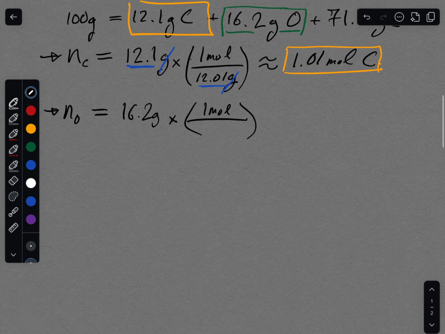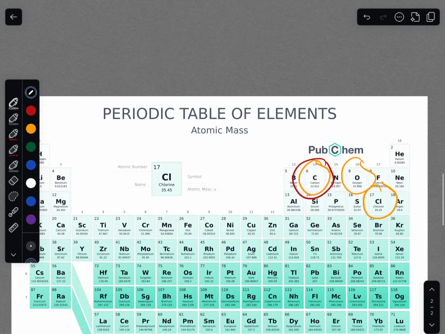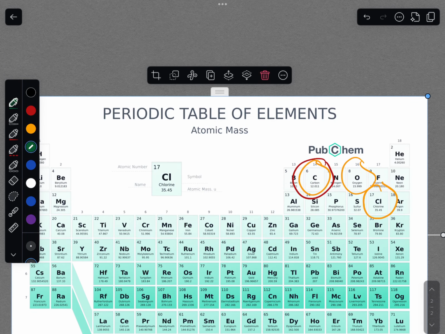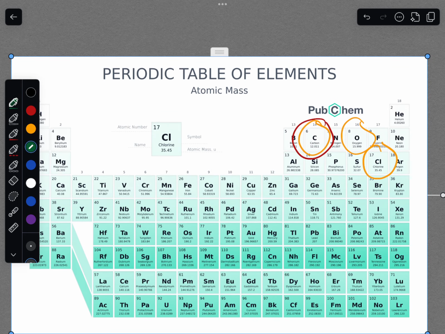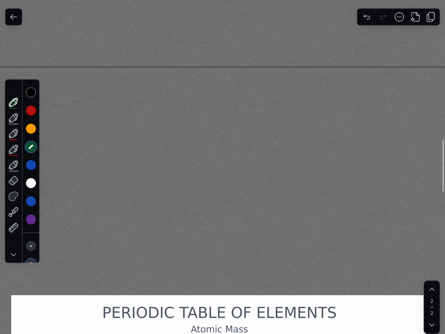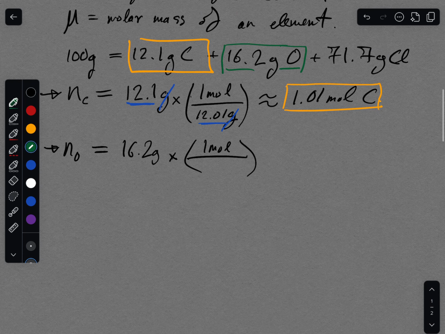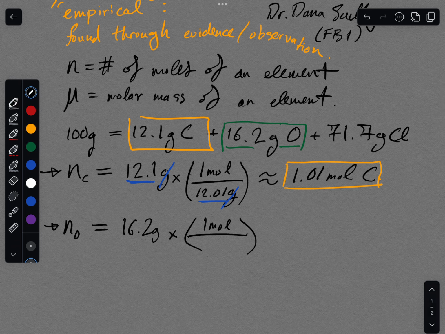Need to go find the molar mass of oxygen. That is nearly 16, 15.99 or so. I'm only going to work to 2 decimal places, just to keep it simple.